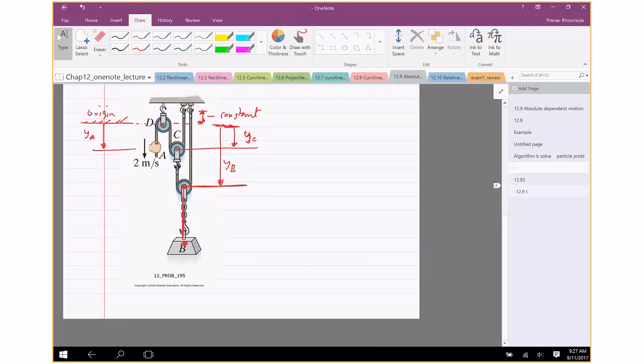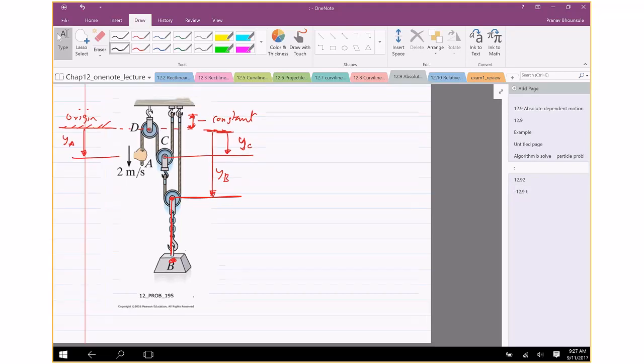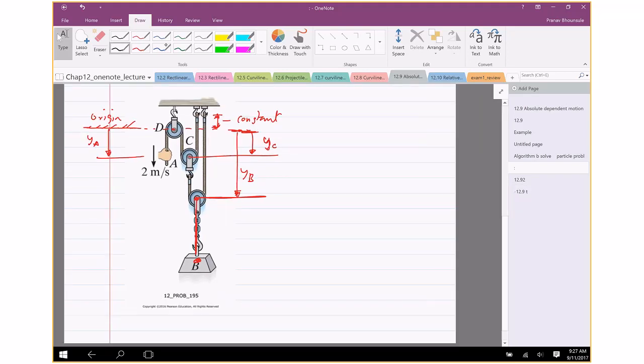So I have to write two expressions. And that's where you'll see YC will come. And it will basically help me to eliminate YC from the two equations. So let me do this, and maybe it'll be obvious to you why I wrote YC. So the first thing I want to do is write the length of this cable, let's say.